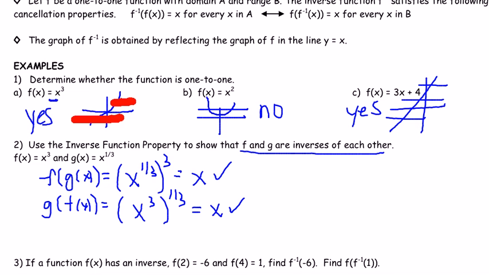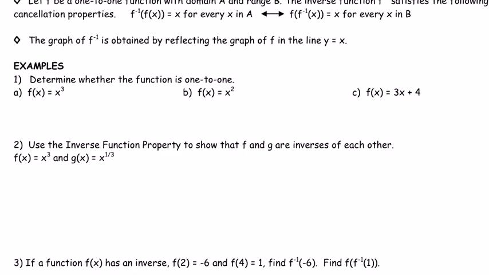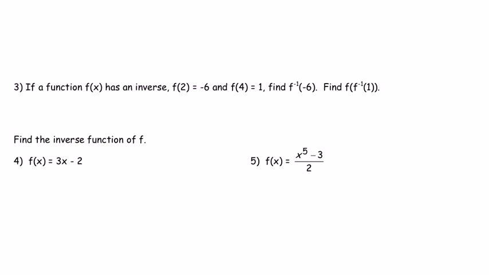Alright, a few more examples. Okay, on number 3, if a function f of x has an inverse, we're given some points on it: f of 2 equals negative 6 and f of 4 equals 1. Find f inverse of negative 6. So let's look at what's going on here. In the original function, what's in the parentheses is my x, and that is my y.